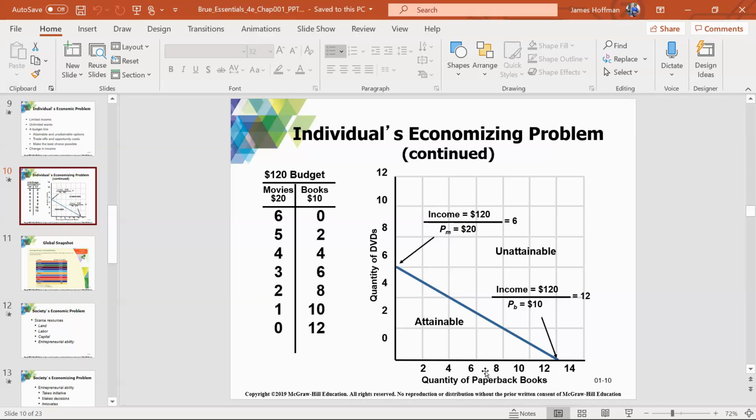And if you want to consume more DVDs, you have to give up some books. So by looking at these two models, the production possibilities curve and the budget lines, we'll see how you can apply the opportunity cost concept to both the whole macroeconomy and then to individual decision making.